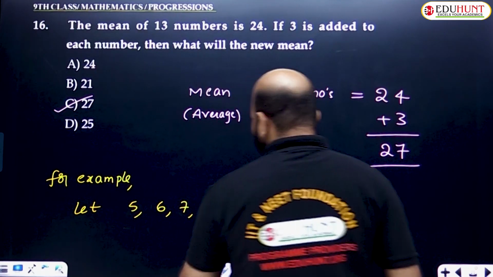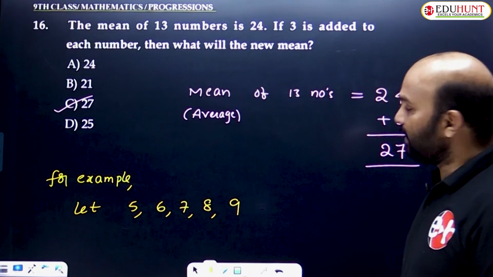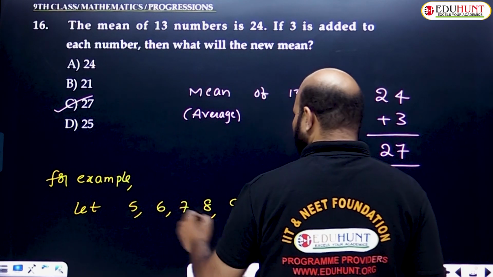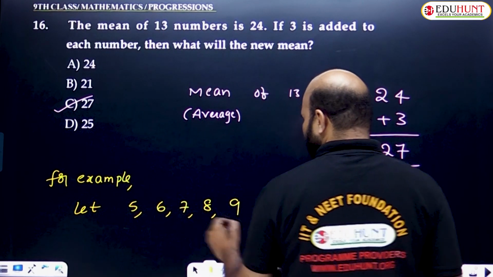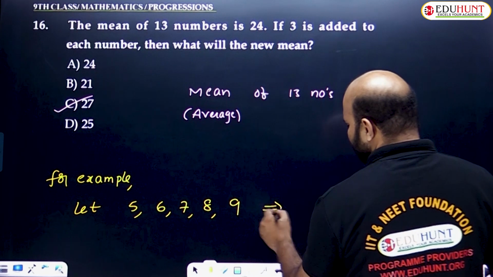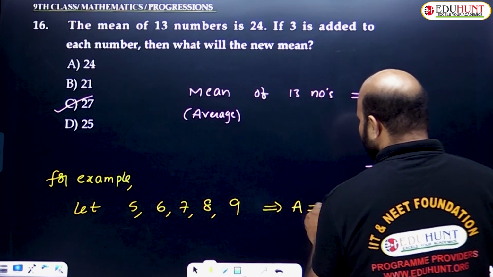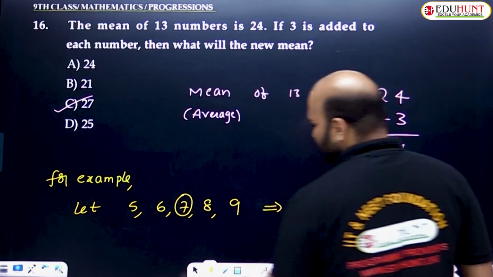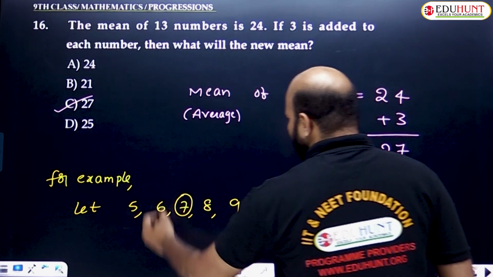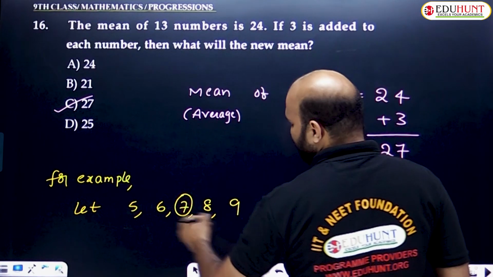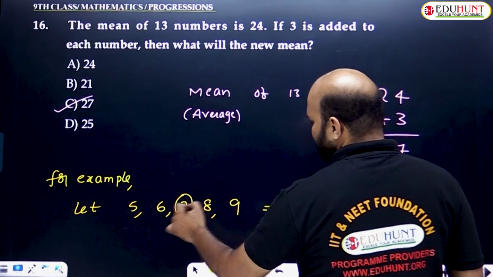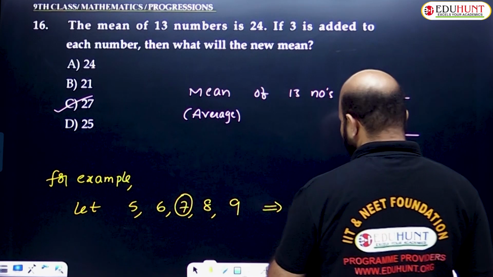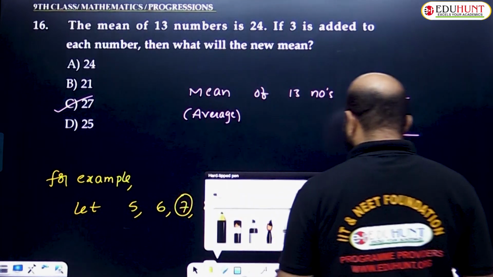Here 5 numbers are taken. What is the average value? The average equals 7, because if the common differences are equal, the middle number is the average. Or the sum of the observations: 5 plus 6 plus 7 plus 8 plus 9 is 35, and the number of observations is 5, so 35 by 5 is 7. The middle number is exactly the average.